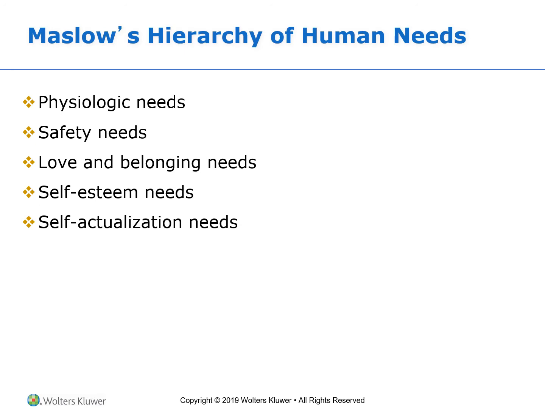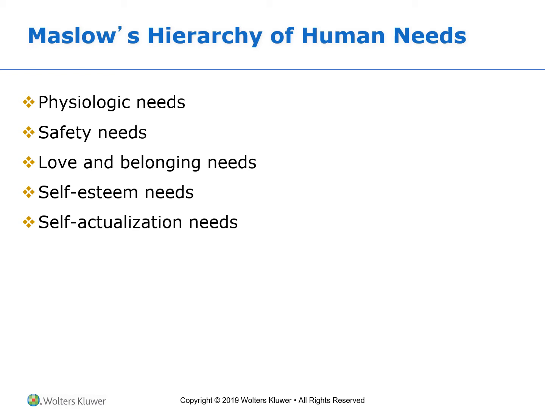So again, one way that we can determine our patient's priority needs is to look at this Maslow's hierarchy of human needs and really understand it. So you want to remember that physiological needs have the highest priority. Okay, these are the needs that are essential for survival.